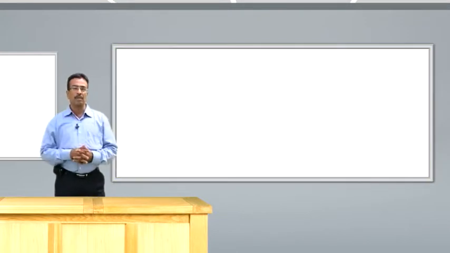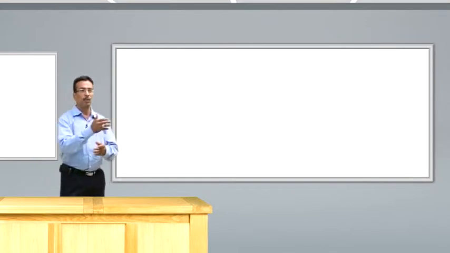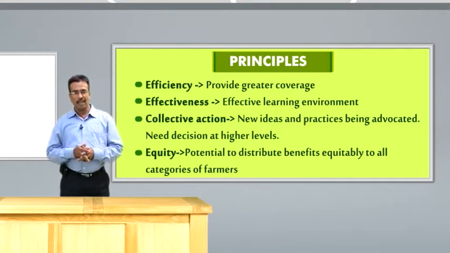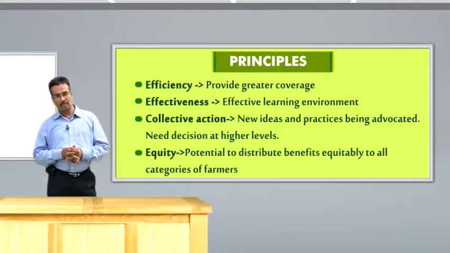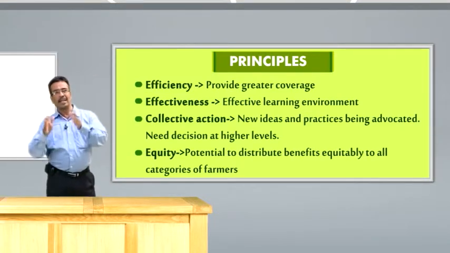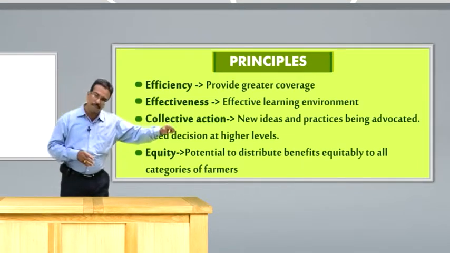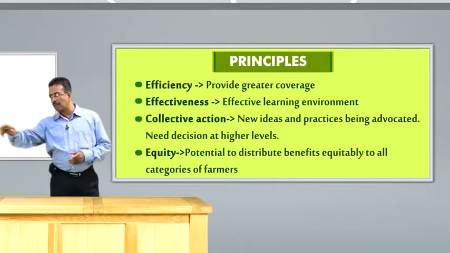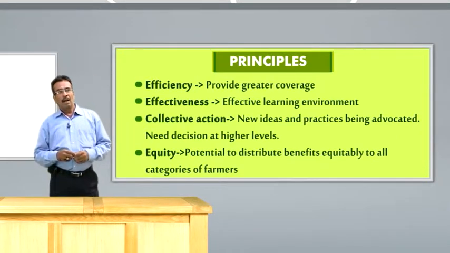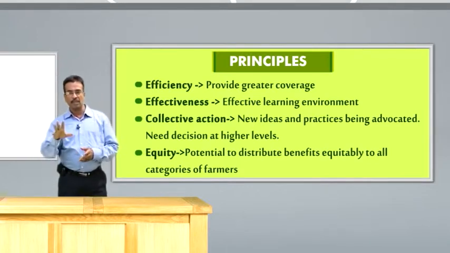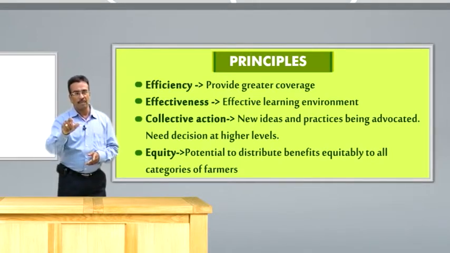The principles of group approach, I already told you: individually it is a very time-consuming process. If the group is involved, the efficiency will be more, because it gives greater coverage. A very typical example: a group of farmers are cultivating rice in a particular area, maybe 100 farmers going for a single variety over a season, and we try to give the information.